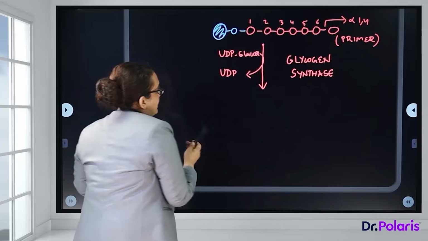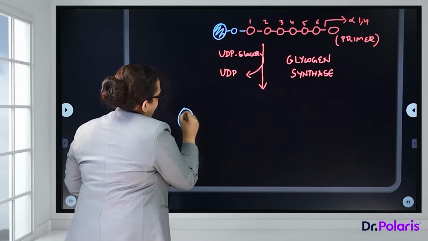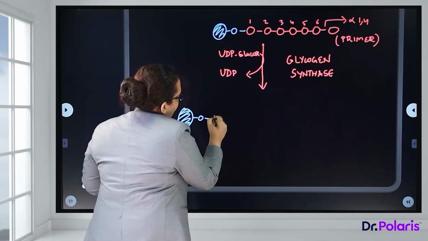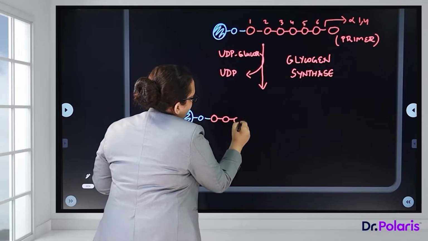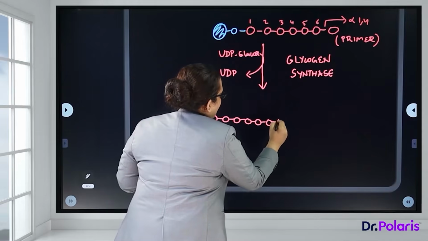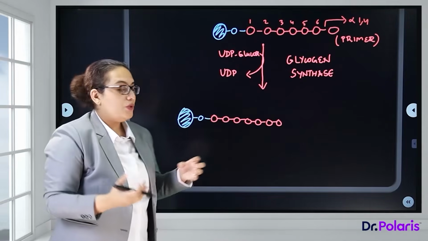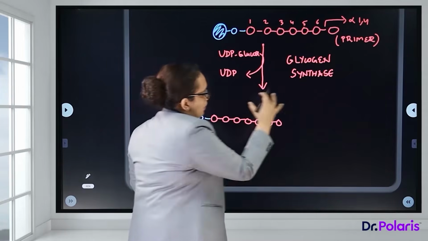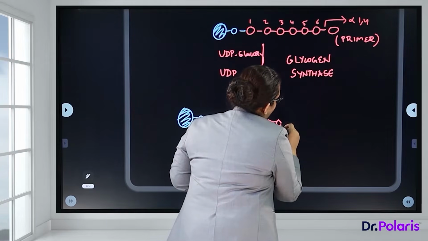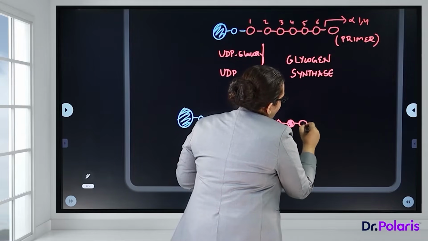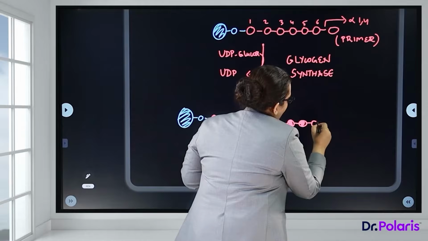So I'll just draw this once again here. We have the primer first. And then we have the new glucose units being added here sequentially by glycogen synthase one by one with the linkage of alpha 1,4 glycosidic bonds formed between the successive glucose unit.